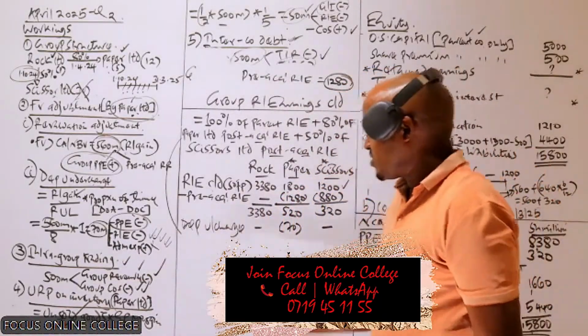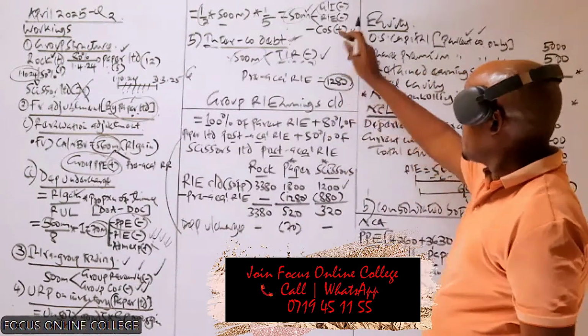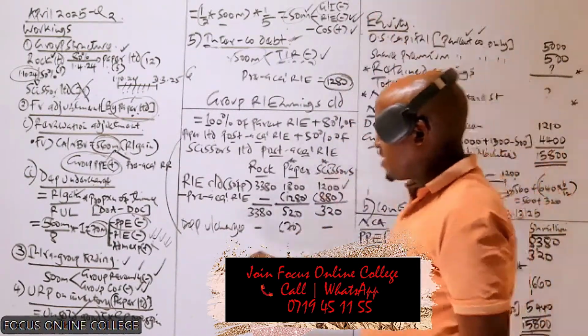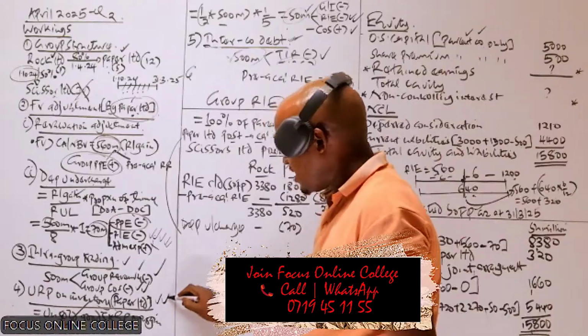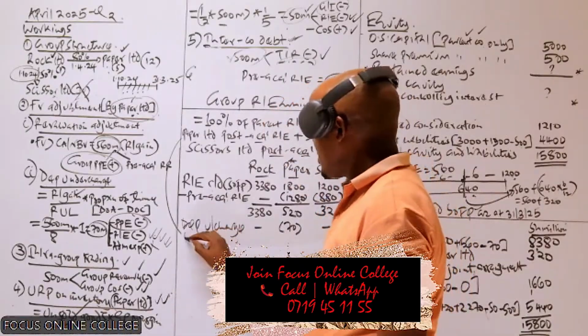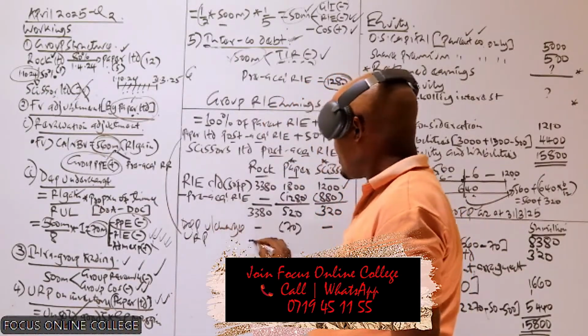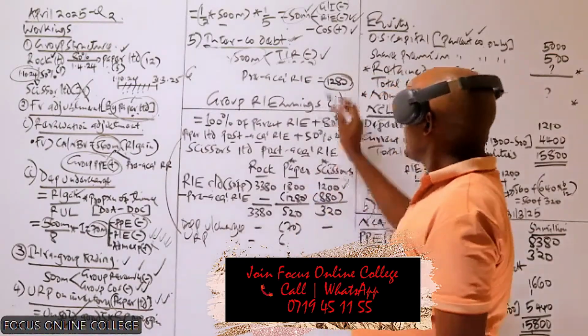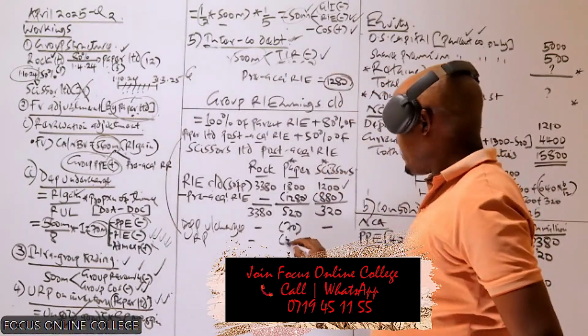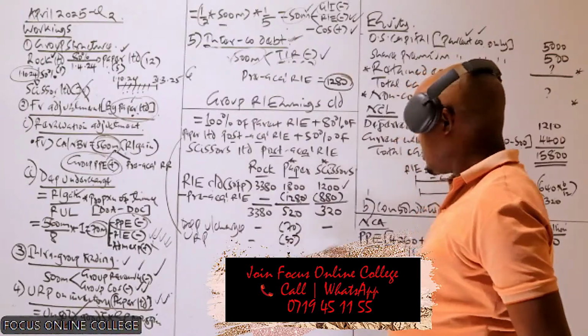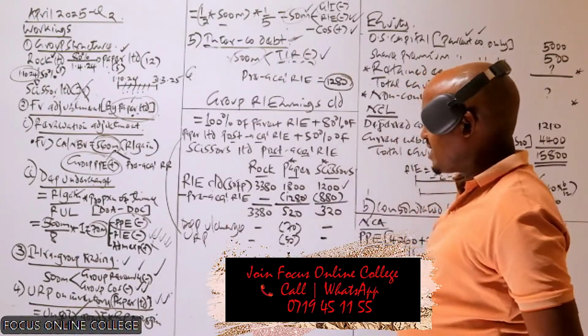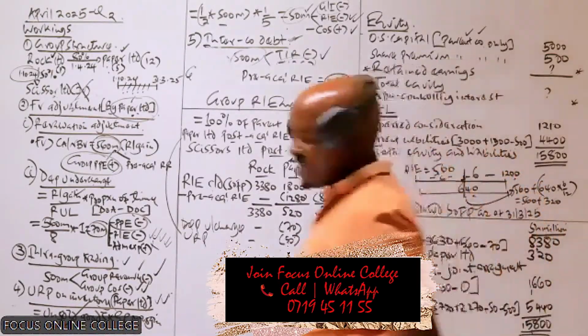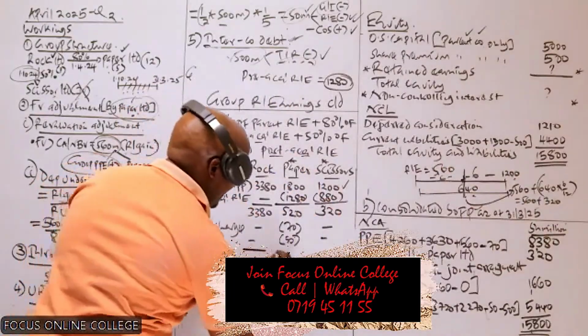So this and this will not affect that, but we have this unrealised profit, this one. We say this one will also be deducted from the retained earnings of Paper, 50, like that. Do we have any other adjustment? I can't see any other.